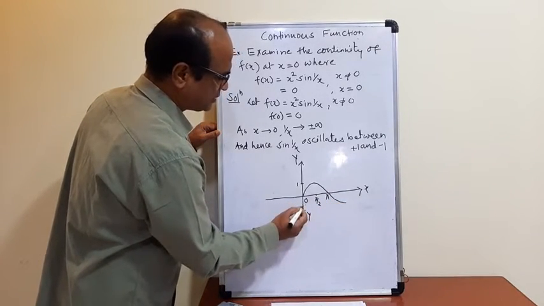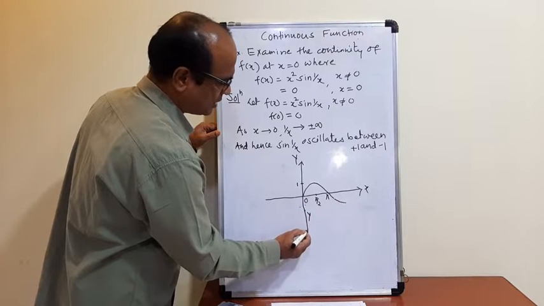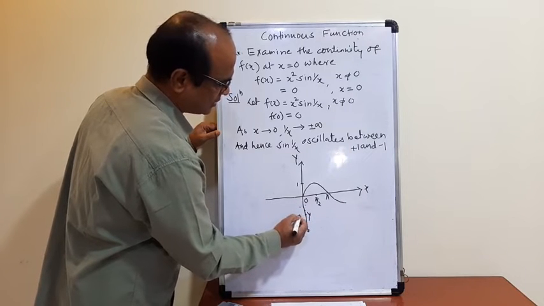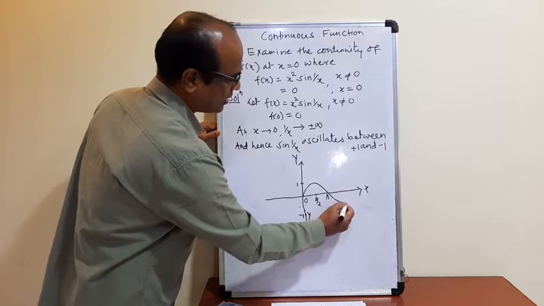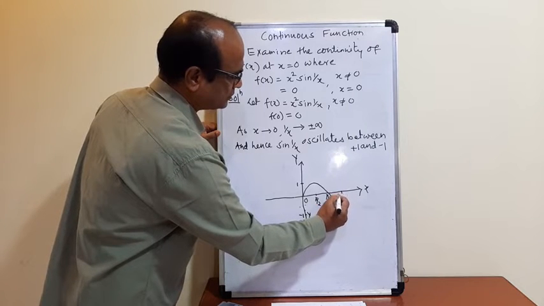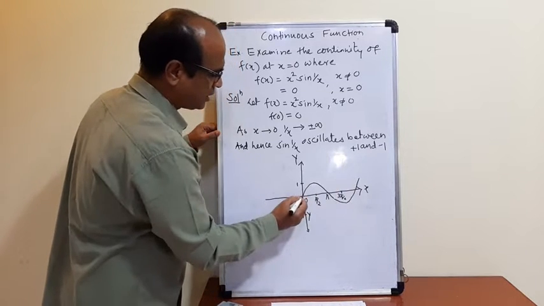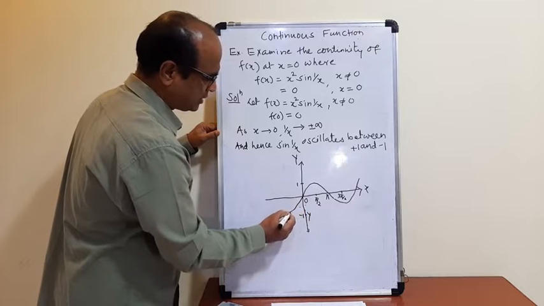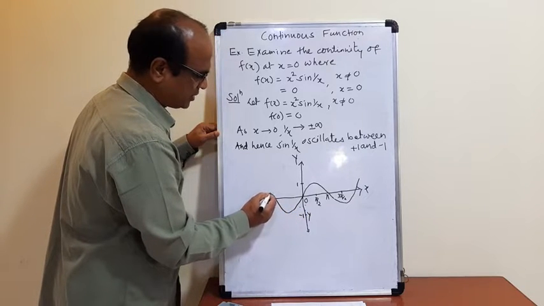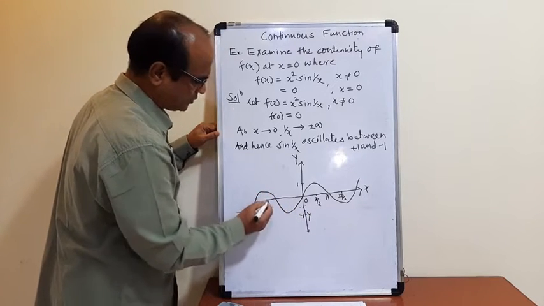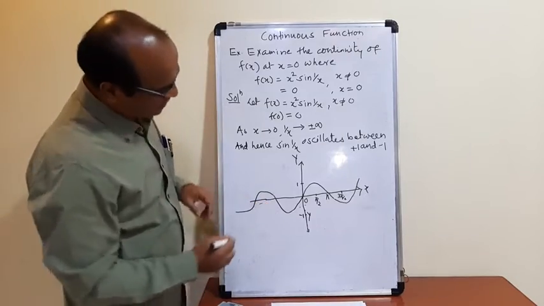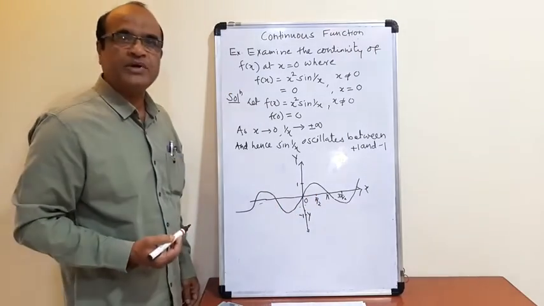Sine 3 pi by 2 is minus 1. Sine 2 pi is again 0, and so on. Similarly the function continues. So this is the graph of the sine x function.